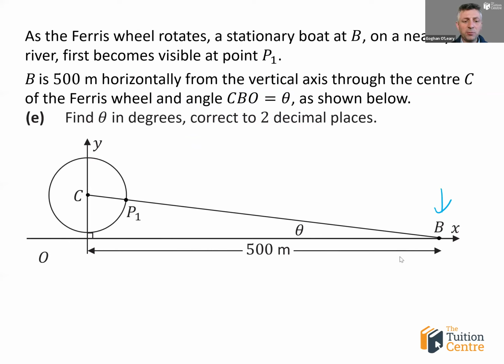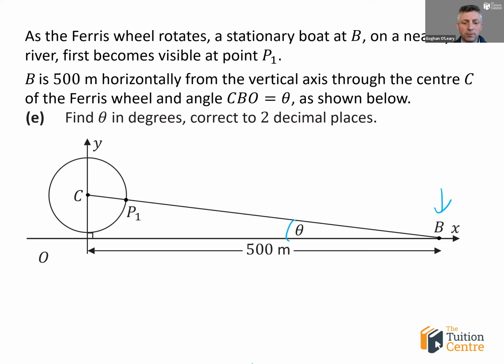B is 500 meters horizontally from the vertical axis through C of the Ferris wheel at an angle CBO equal to theta. So here's theta as shown. Find theta in degrees correct to 2 decimal places.